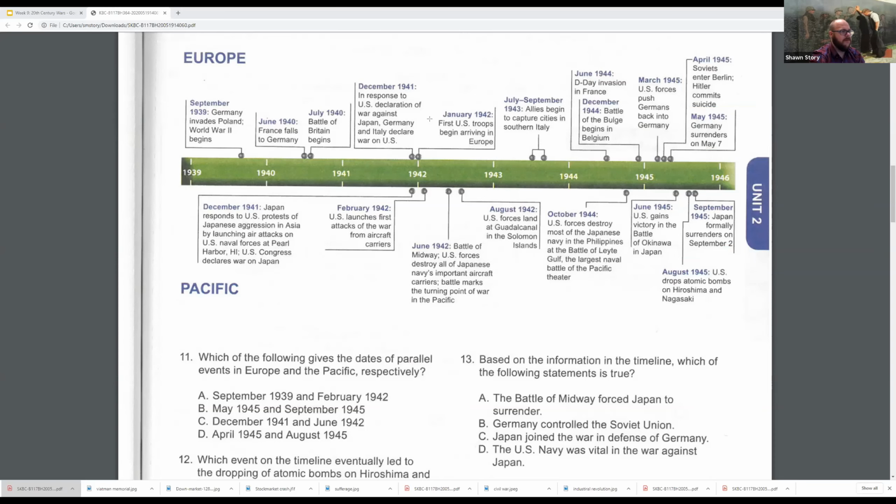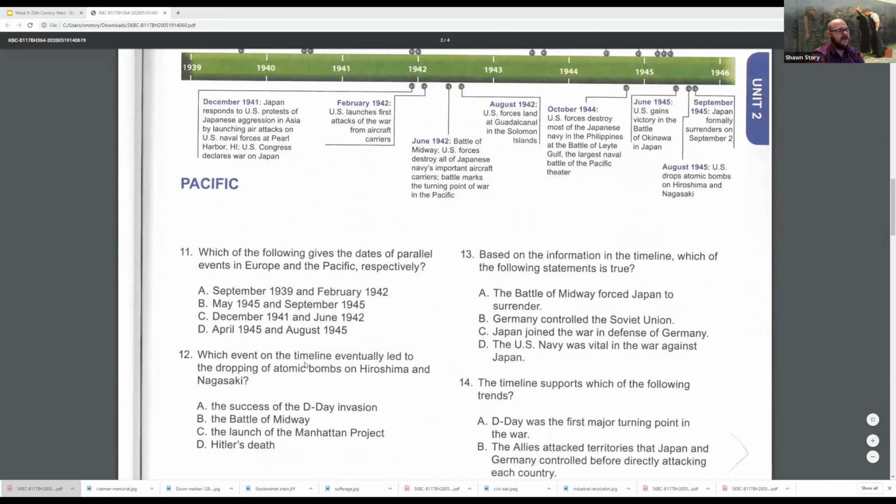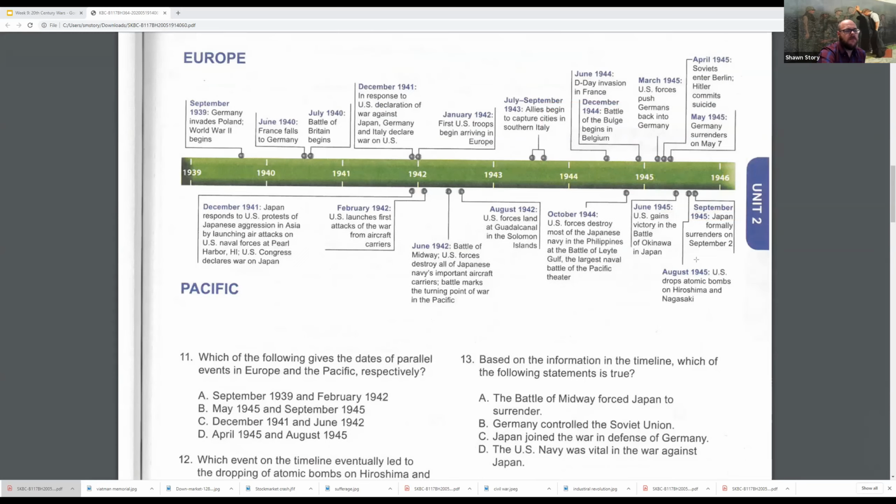Let's look at 12. Which event on the timeline eventually led to the dropping of the atomic bomb on Hiroshima and Nagasaki? So we just read that the US drops atomic bombs. So what comes right before it? So here's our line. We want to look to see what happens before it.